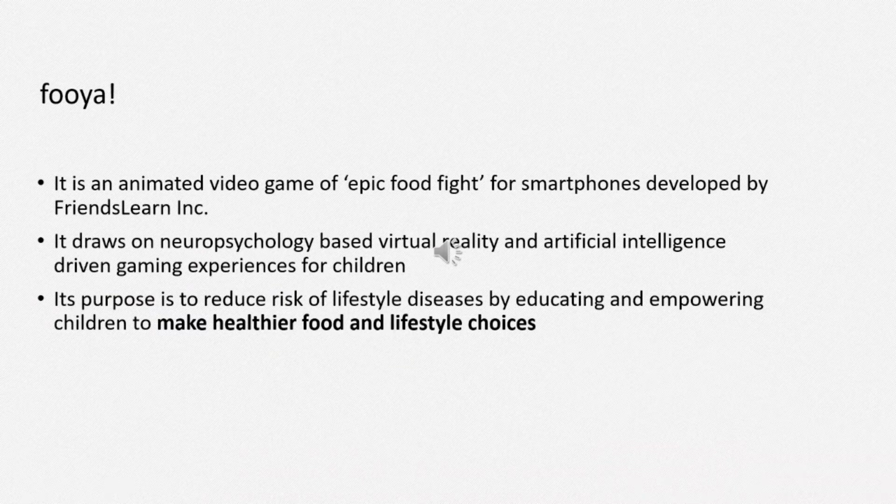So Fuya itself is a mobile app that we've developed and has been studied through multiple randomized controlled trials, but it's an animated video game, the whole theme being that it's the world's epic food fight.